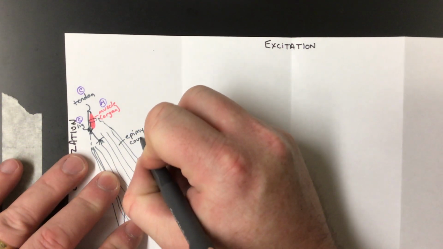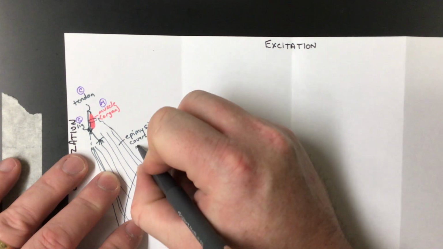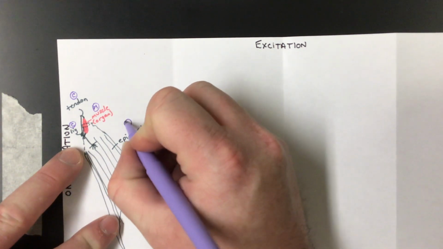So the epimysium covers the whole muscle. The epimysium is a connective tissue sheath or covering of the muscle. And all of these connective tissue coverings of the muscle are continuous with the tendon. So they join up with the tendon, and then the tendon joins up with the periosteum covering of the bone.